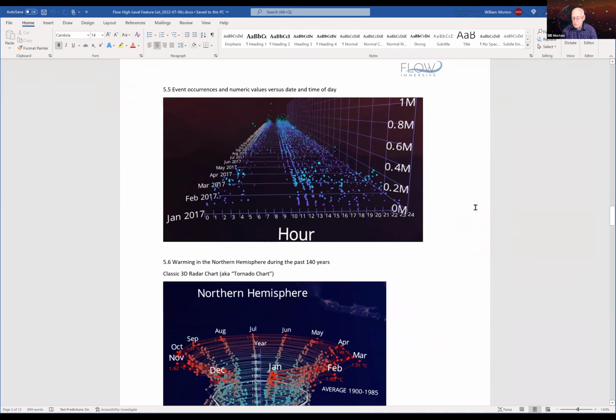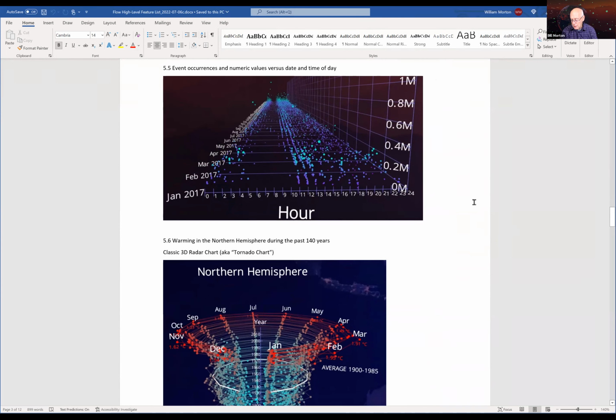There's another featured flow called Trump Tweets, and it's a presentation of Donald Trump's tweets when he was in office as president of the United States. More generally, this is a visualization that shows event occurrences. In this case, it was a tweet from Donald Trump, and the numeric values of those occurrences.